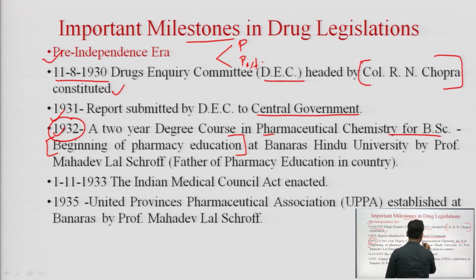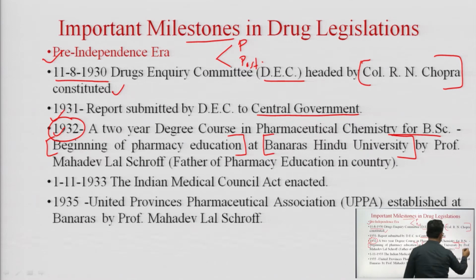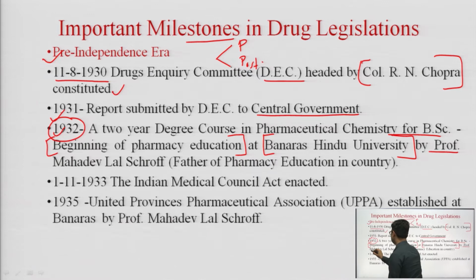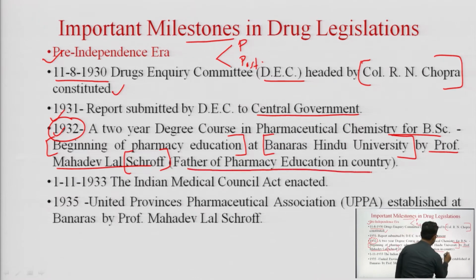The university which started this work was Banaras Hindu University, under the leadership of Professor Mahadev Lal Shroff. This professor is also known as the father of pharmacy education in the country. Further, moving on.